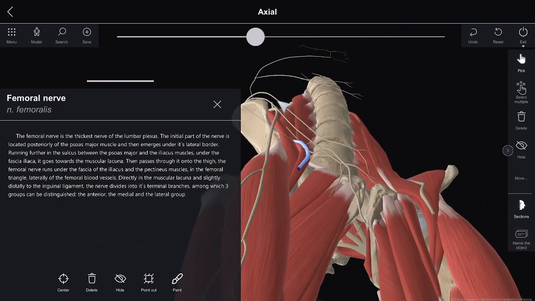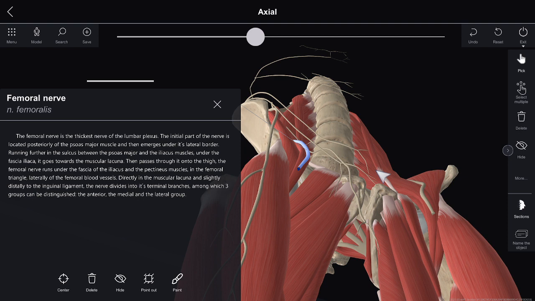Muscular lacuna, it is part between this number 226, what is it? 226.